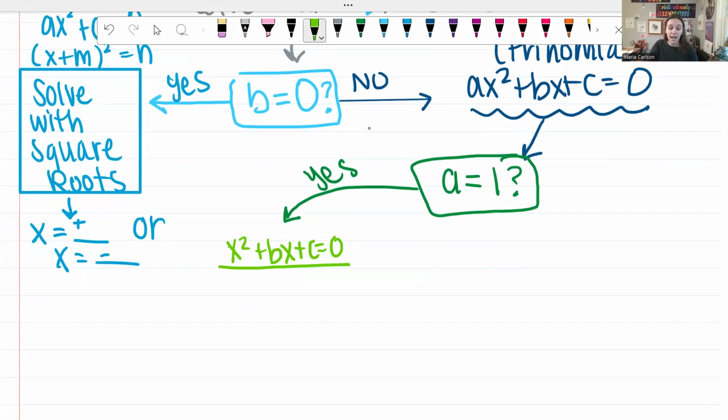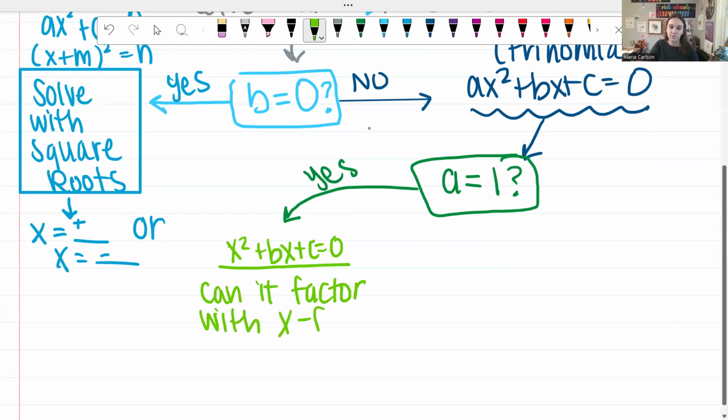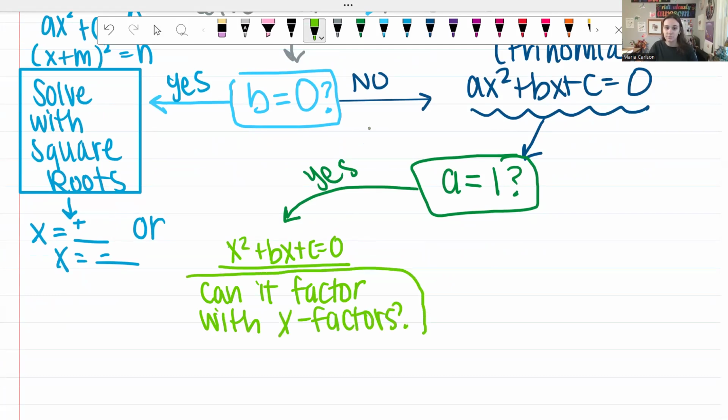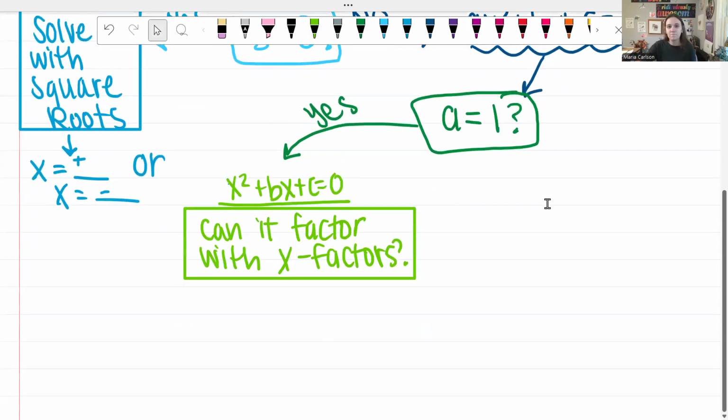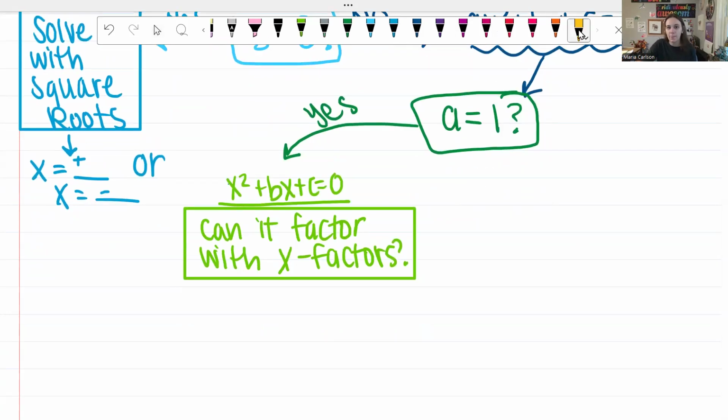If a is equal to 1, ask yourself, can it factor with x factors? So can you factor it using those x factors?